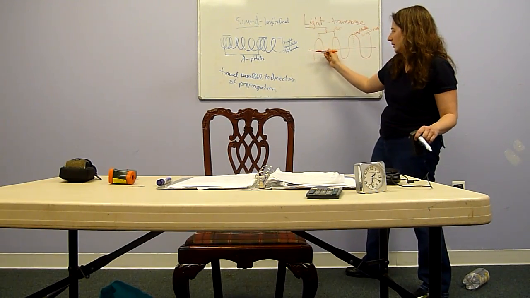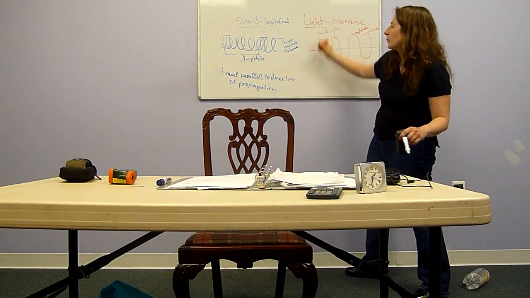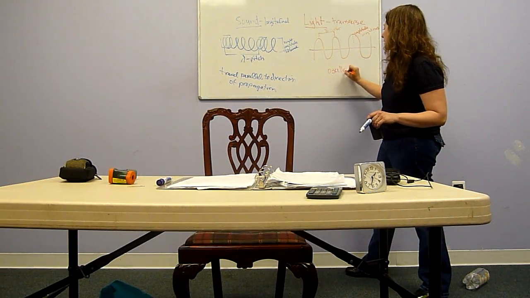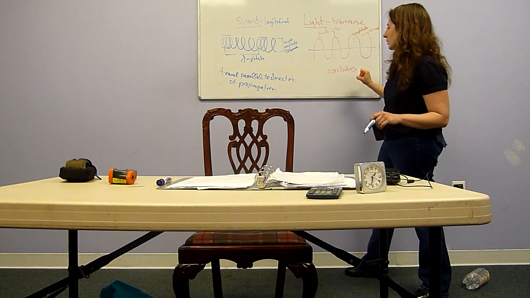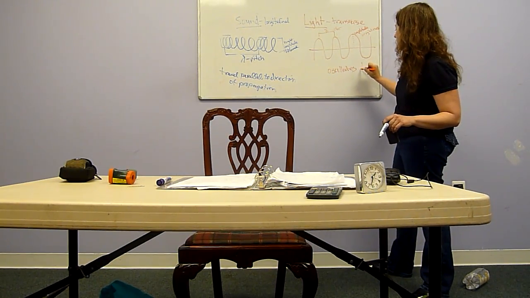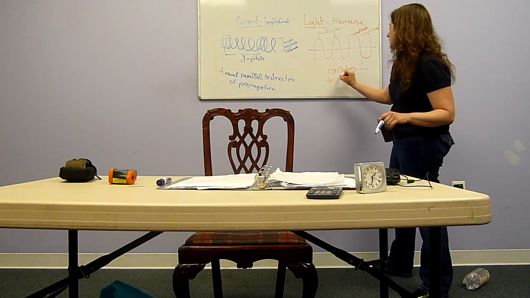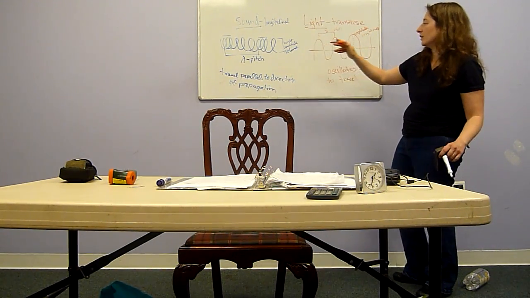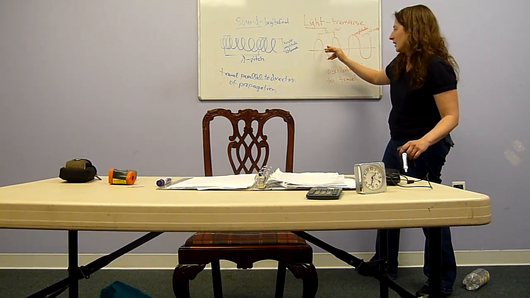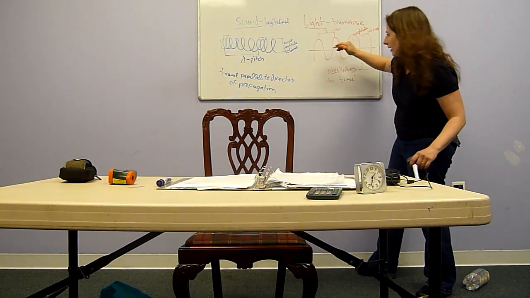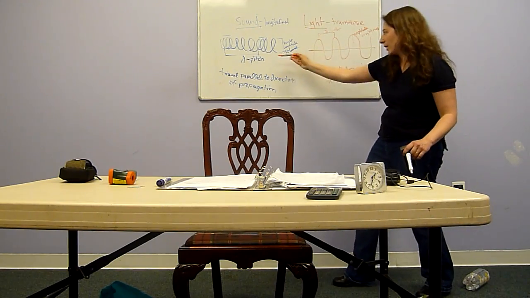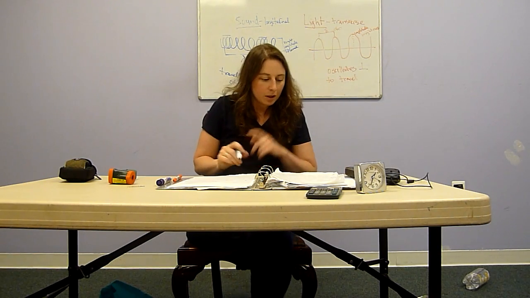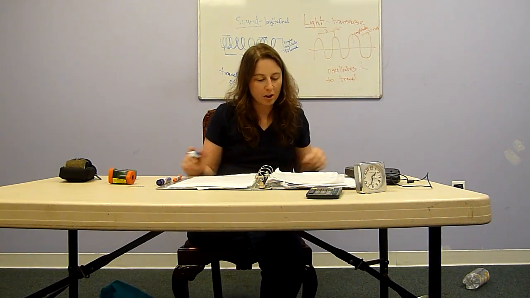So if it's traveling this way, it's oscillating perpendicular to the direction of travel. And remember, there's a third axis for light waves, the electromagnetic one, all three perpendicular to each other. You'd have to have a 3D chalkboard for that.